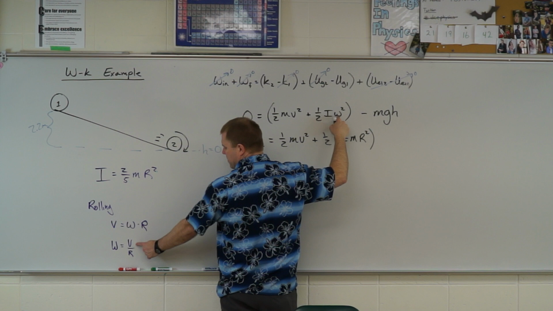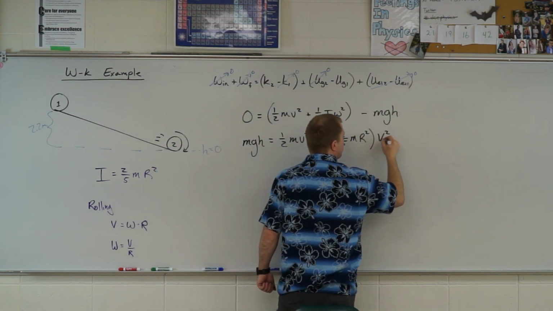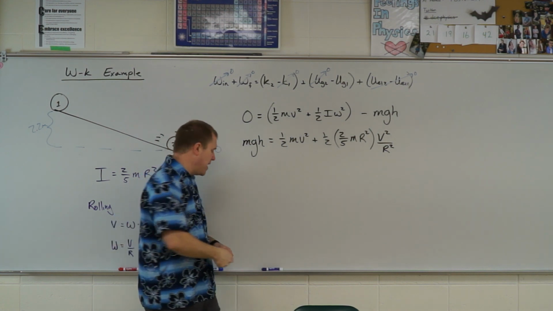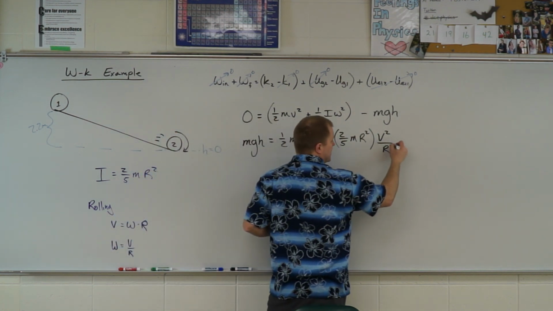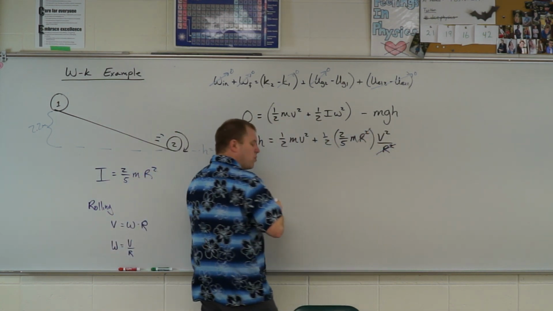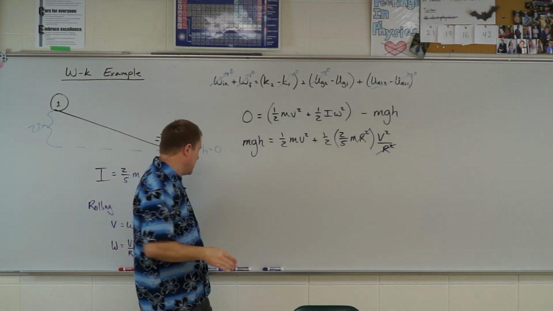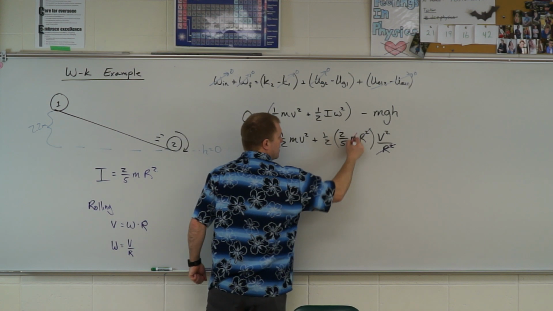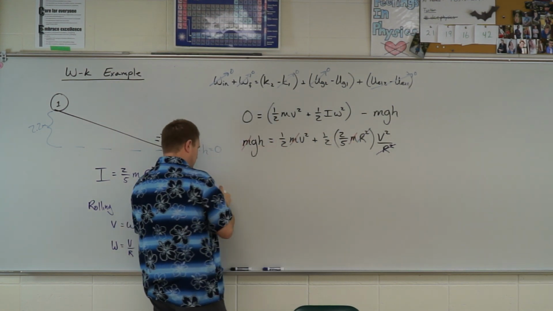That's just going to be v squared over r squared. Hopefully at this point you're seeing why we substitute in for omega, because we see that the r squareds cancel. Nice. Also, now that we've substituted in for the I, the m's all cancel for us.